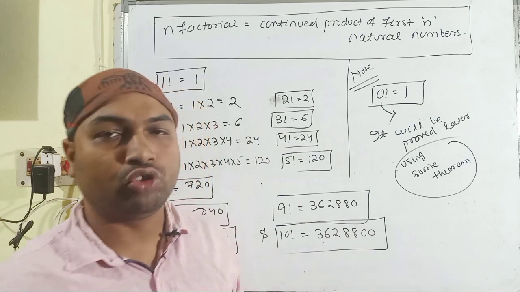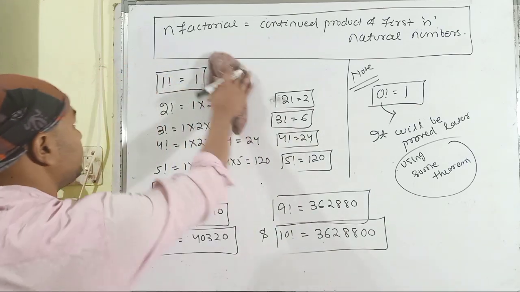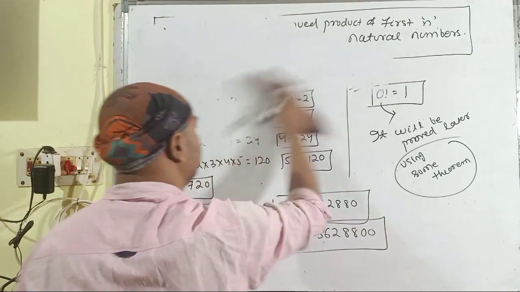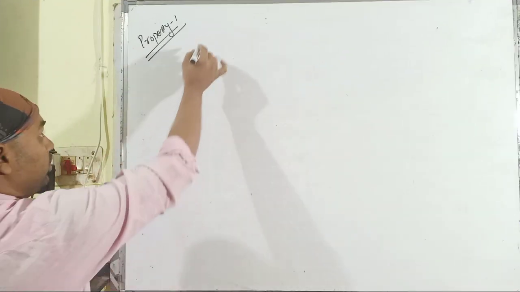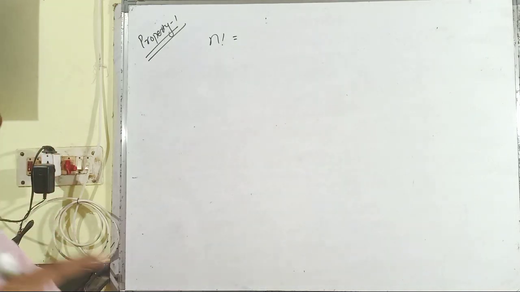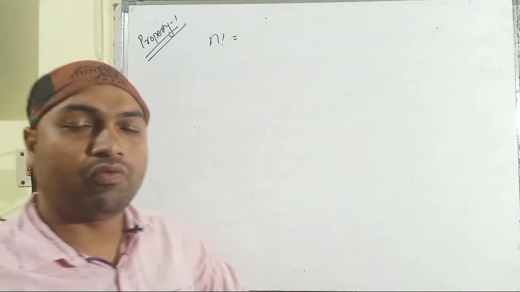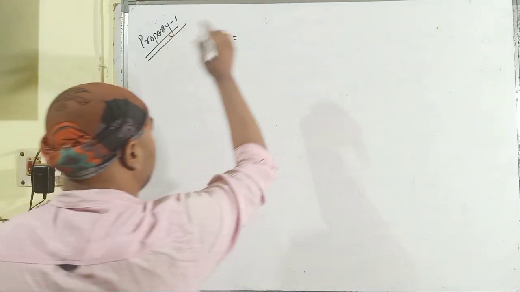Then let us discuss some of the properties that are based upon factorials. As all of us know, factorial of n is equal to the continued product from the number 1 up to that given number n.